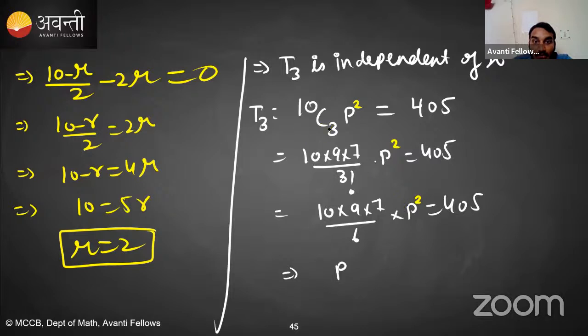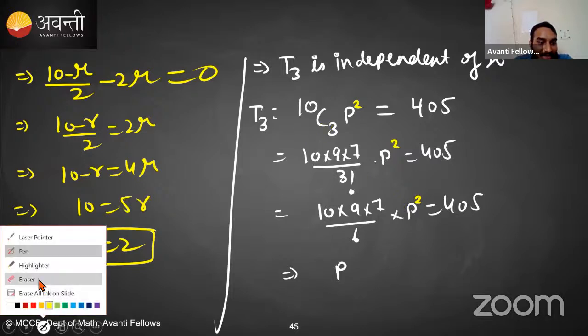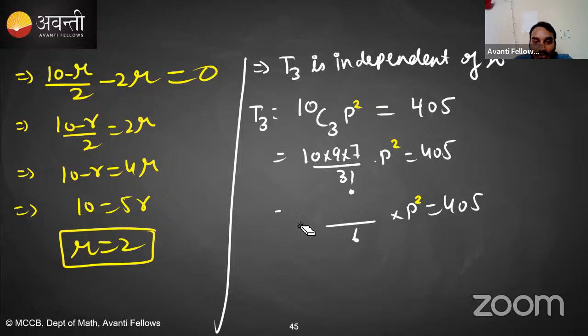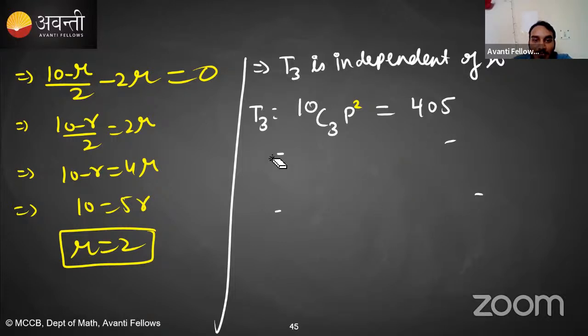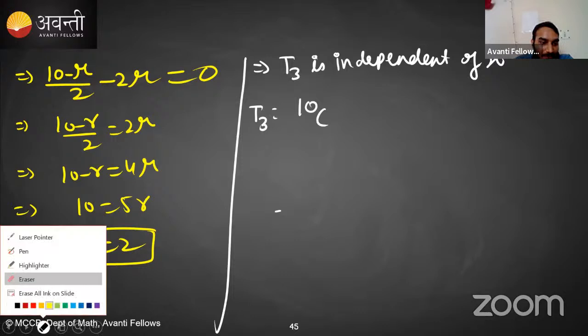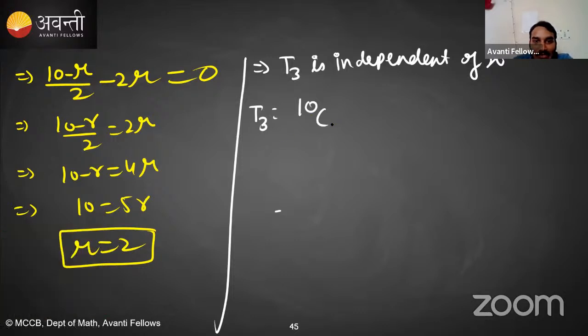One second. R is equal to 2. I think I have made a mistake. Sorry, students, please forgive me for that. Let me just do it again. Tan C2, put r is equal to 2. So T3 we will get tan C2 p square is equal to 405.